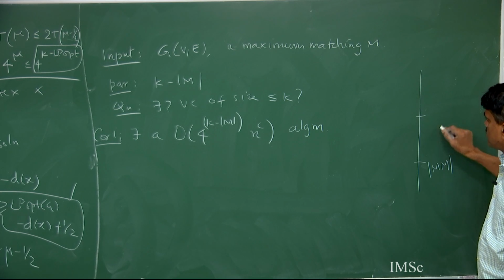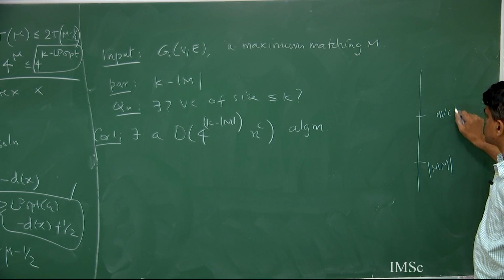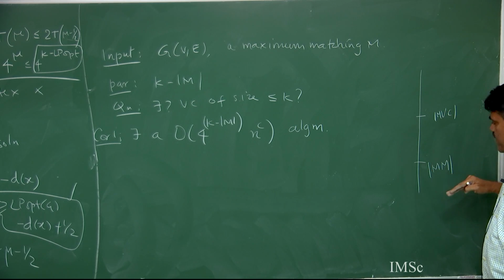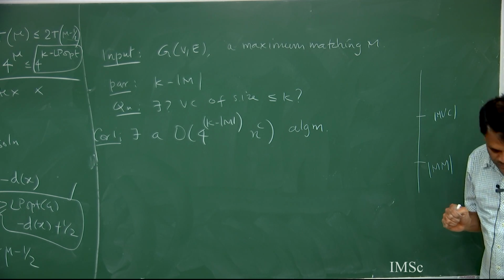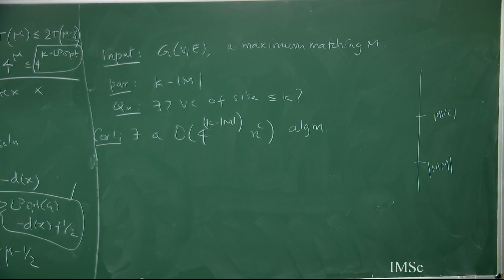So this is the size of the minimum vertex cover in a general graph. In the bipartite graph, both are the same. In a general graph, it's above. Where does the LP optimum lie? LP optimum is below this, we know that, because it is more relaxation, minimization problem. So the LP optimum is below the vertex cover, but is it below or above the matching? Above this. Why?